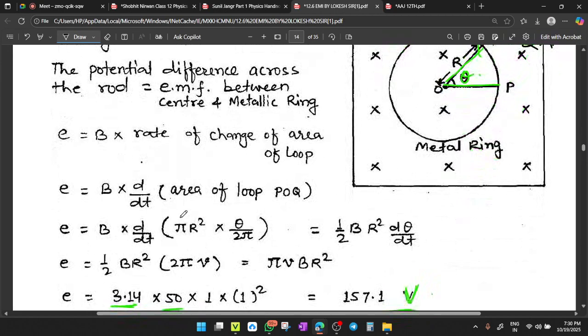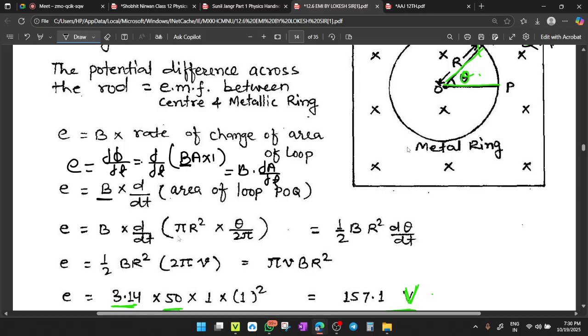So E is equal to what? E is equal to d phi by dt, right? And phi is equal to B A cos theta. Cos theta becomes 1 because the field is perpendicular inward, so B into A into 1. B is the magnetic field, which is constant throughout, so B is taken out: B dA by dt.